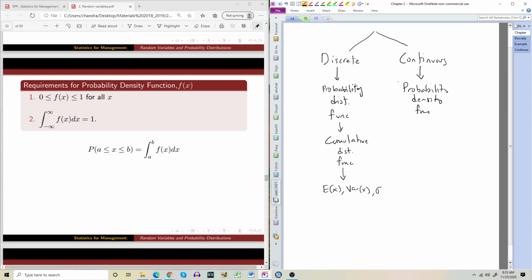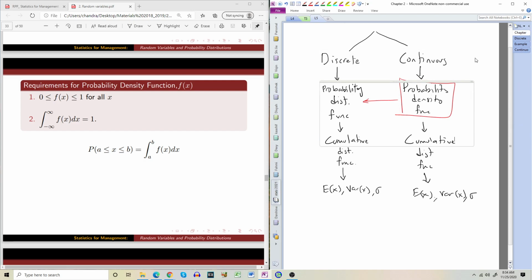Only this name differs. The others are all the same. This is cumulative and this one is expected value. The only different terminology is probability density function for continuous.